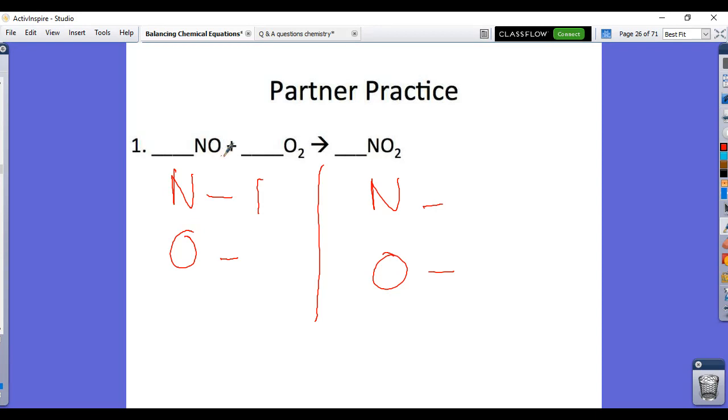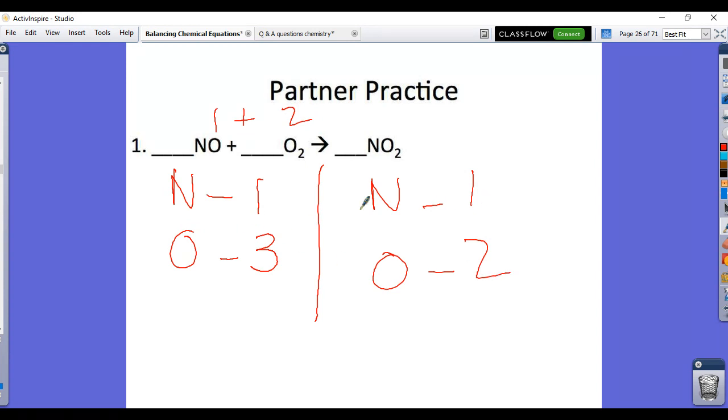Oxygen doesn't have a number, that means it's 1, but we have this plus sign and we have another oxygen here. So we have 1 oxygen here plus 2 oxygens here. So 1 plus 2 gives us 3. Now nitrogen, just 1, and oxygen, 2.